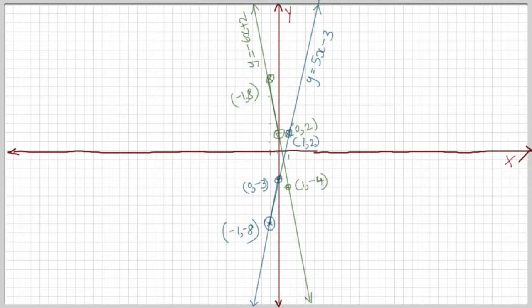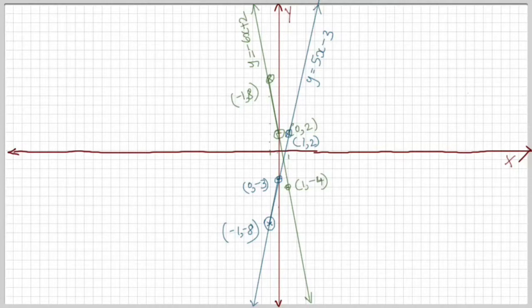And similarly, you have 3 points here, or 3 xy coordinates here. So join them and draw a straight line, and this is the equation y equals -6x plus 2. Okay, this denotes the equation y equals -6x plus 2.